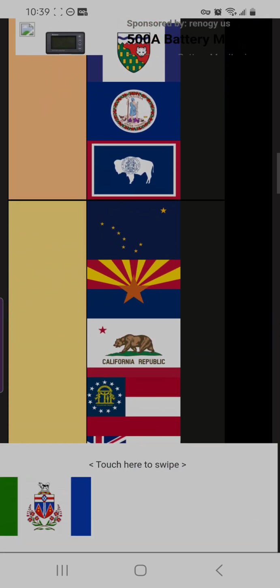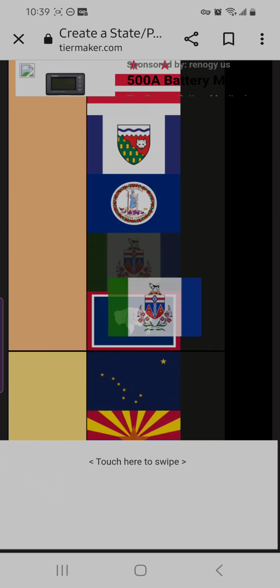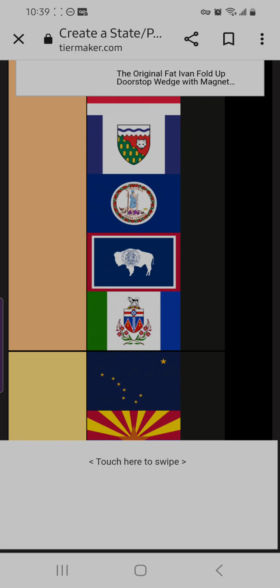The flag has a green stripe, a white stripe, and a blue stripe. The seal is a shield with red trees with yellow dots and some flowers and a wolf. This flag is kind of the same as Northwest Territory. Same level, A tier, because it's good.